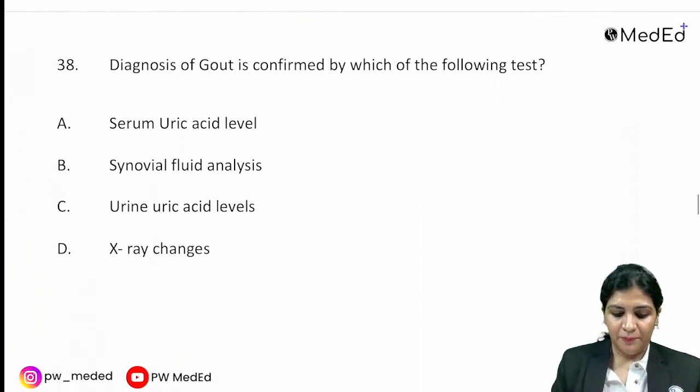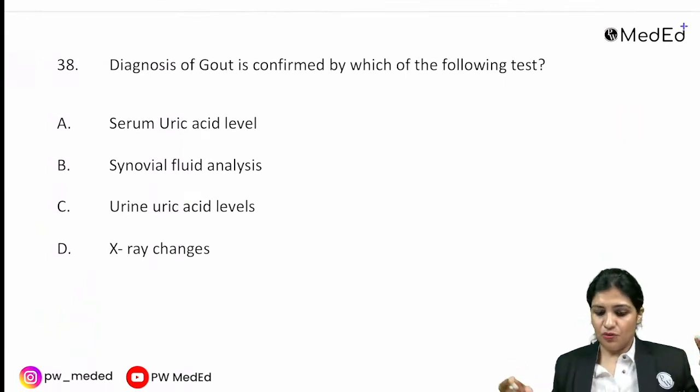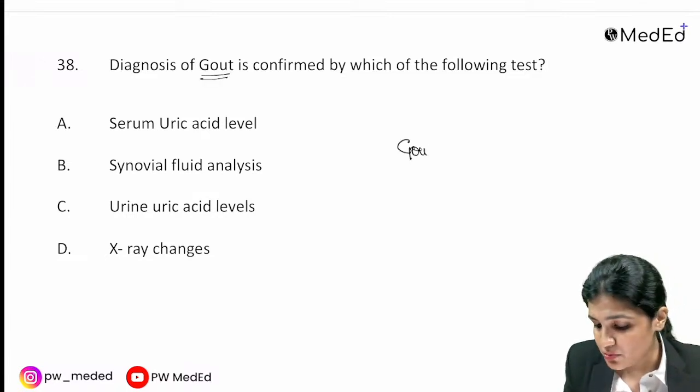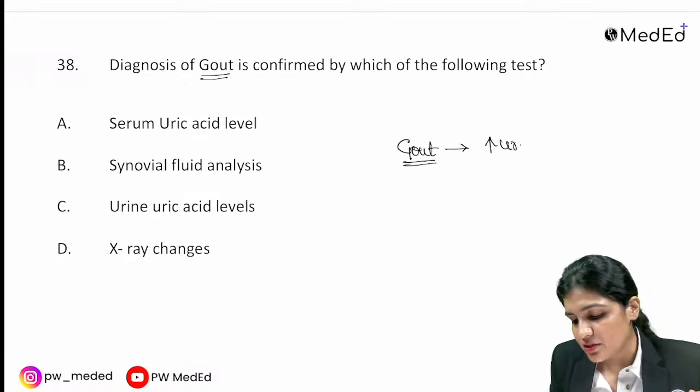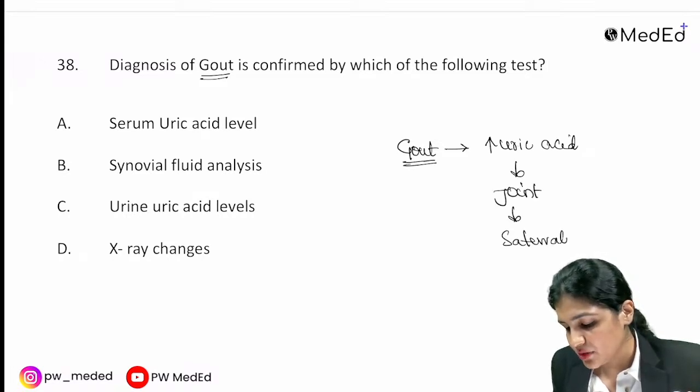Now the next one: the diagnosis of gout is confirmed by which of the following tests? For that you have to always know what is gout. I know all my students are very well versed with gout, where there is increased uric acid levels and these enter into the joint, and now they are saturated and deposited in the form of crystals.